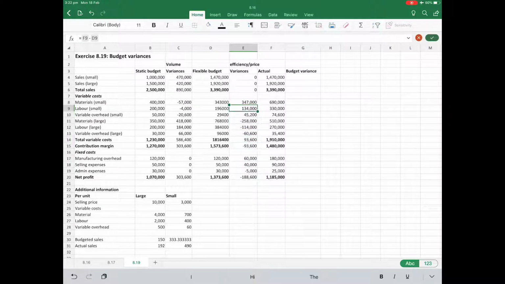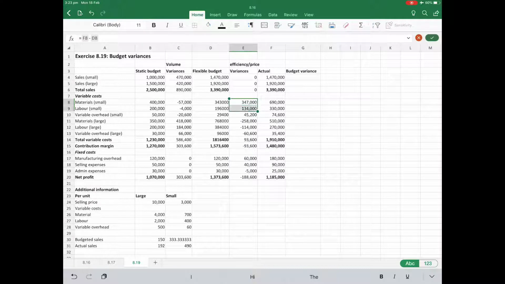Okay, so what does it mean? It means the volume variance tells you the difference between the static budget and the actual budget due to the sales volume. And the efficiency or price variance tells you how efficient your organization is operating.